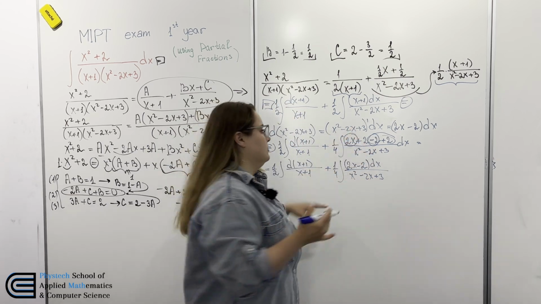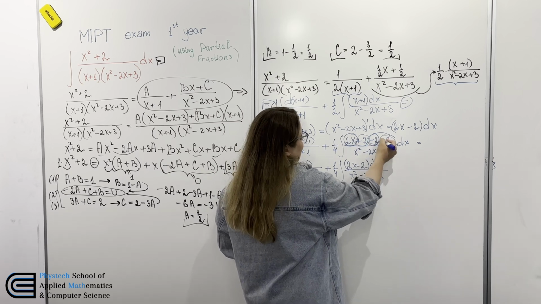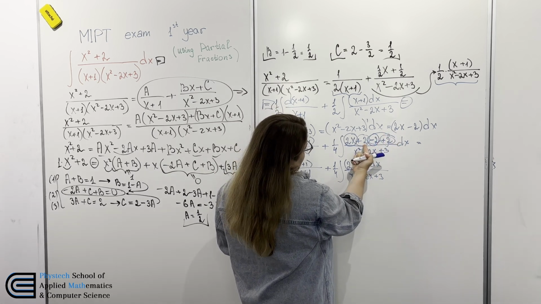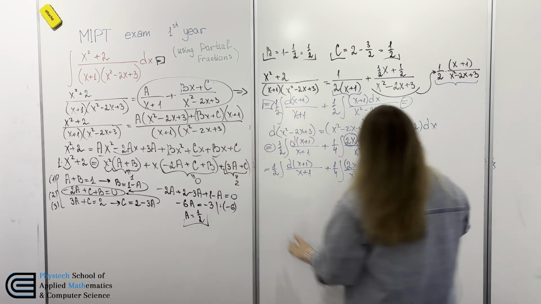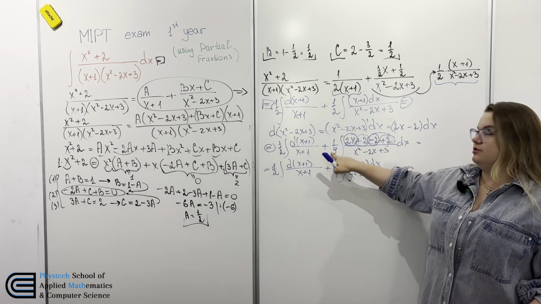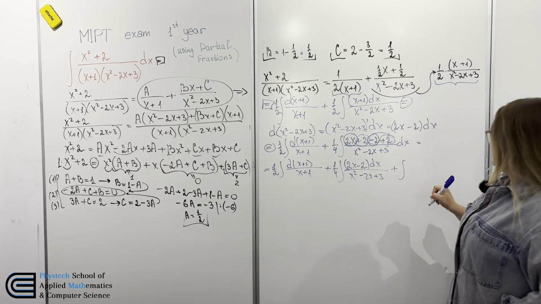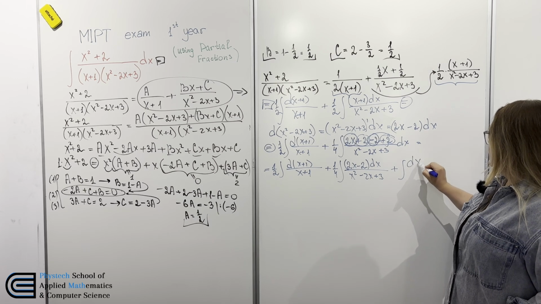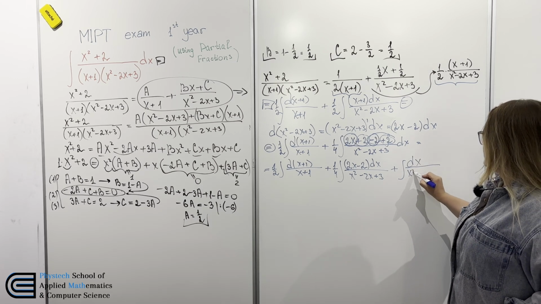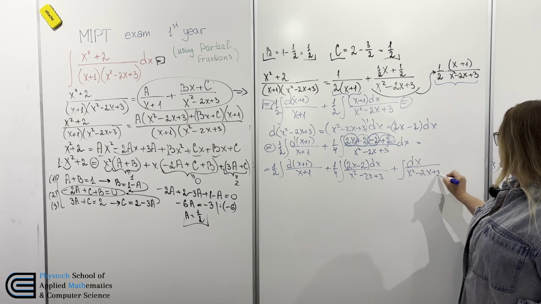Then, what else remains? 2 and 2, so it will be 4. 4 divided by 4 gives us 1, so it will be the integral of dx divided by x squared minus 2x plus 3.